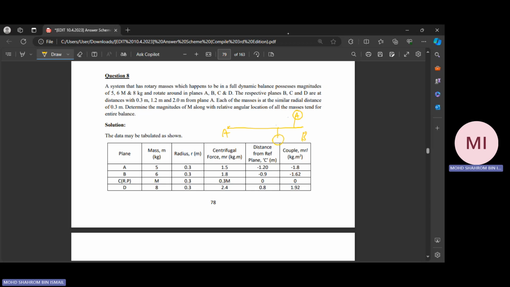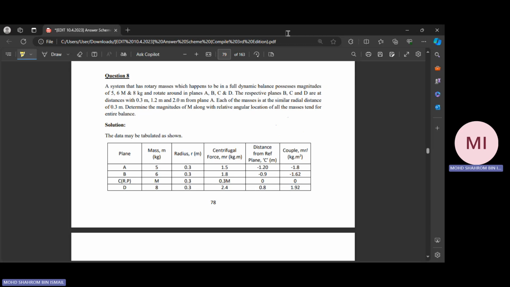So we have mass A, mass B, and mass C. They go along the length of the shaft, from point A to point B. Then you have the masses to be balanced perpendicular to the length of the shaft itself. So this is an extension topic for topic 4. I'm just going to jump to the question.